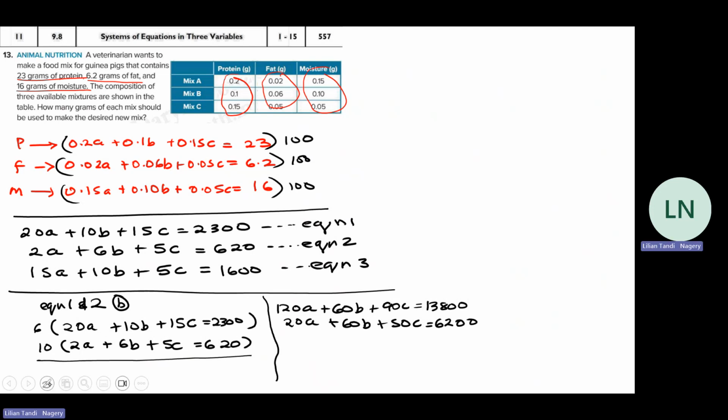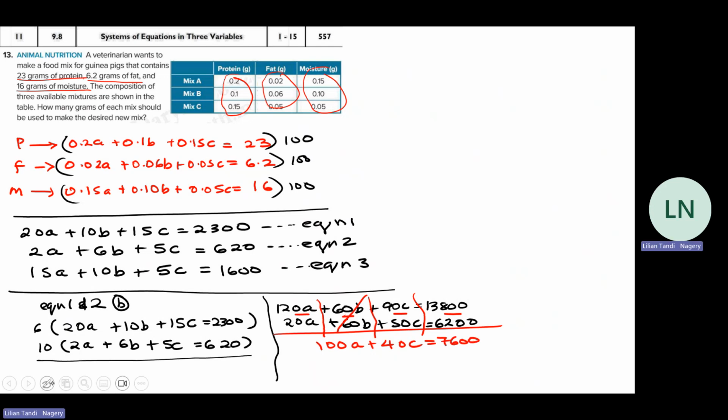Okay? Now, because I'm eliminating b, I will minus my houses. This house will go. I will remain with 100a plus 40c equals 7600.